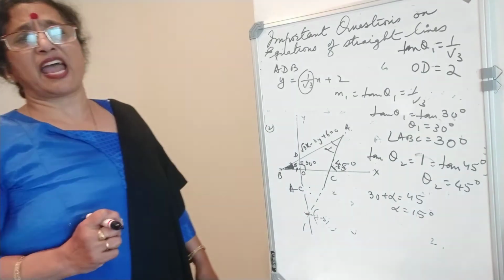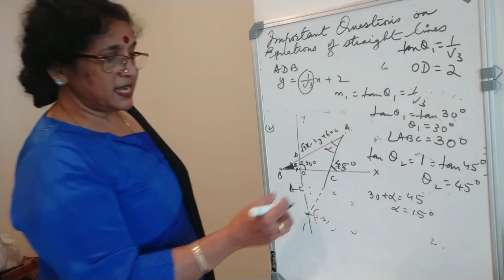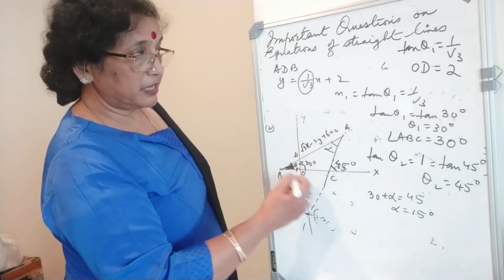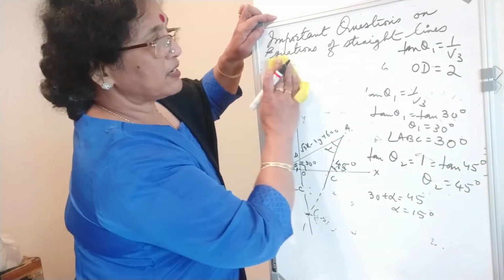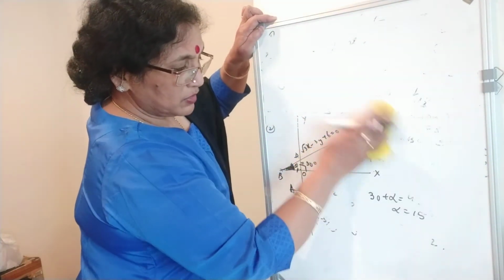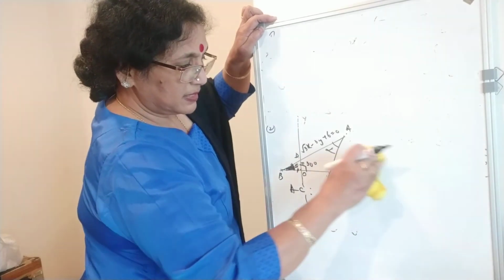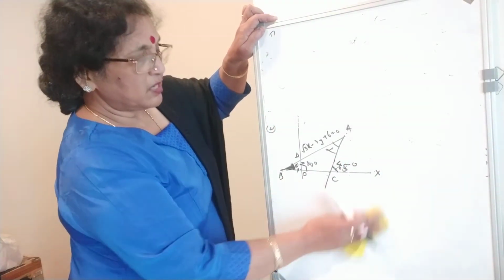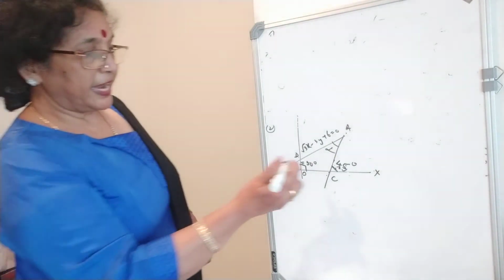The other thing which I added was, what is angle CAD if AD is the altitude of this triangle ABC? So let me rub off all this. Now you understood all this, so let us see this. Here you have AD.